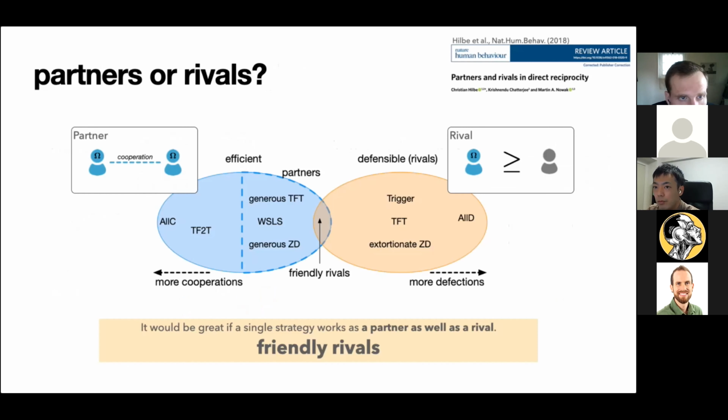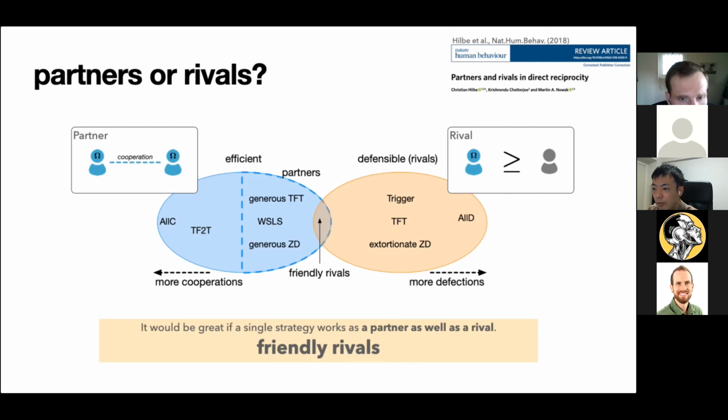According to a recent understanding, well-known strategies are classified into two types of groups: partners and rivals. This is a schematic diagram of the strategy space. In this figure, cooperative strategies are placed on the left side, while the stringent strategies are placed on the right side. Partners are a class of strategies indicated by this blue area, which can form mutual cooperation even under the noise.